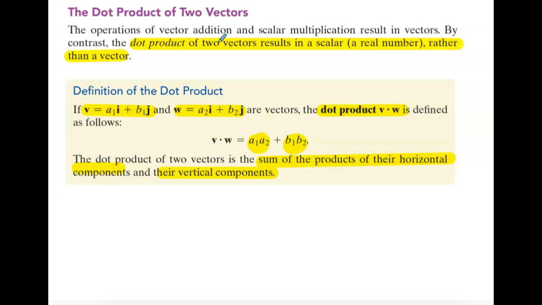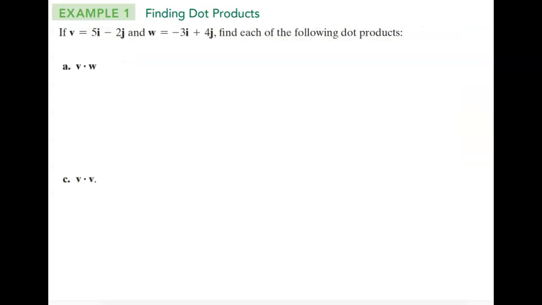All right, the next slide is an example. Here we have two vectors, vector v and w, and in part A we want to perform the dot product of vector v with vector w.